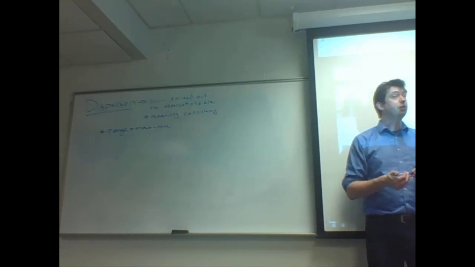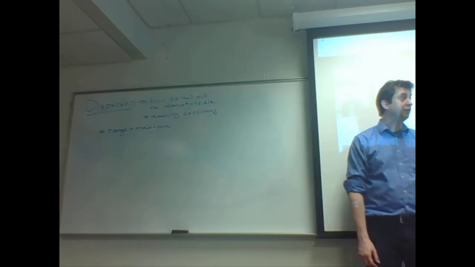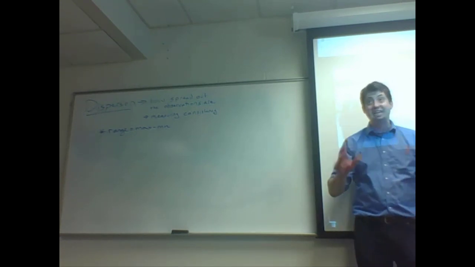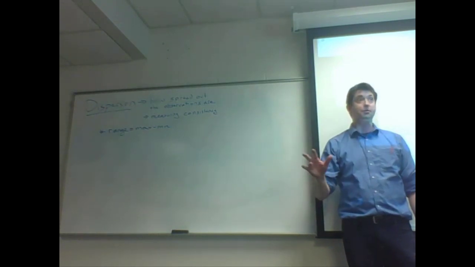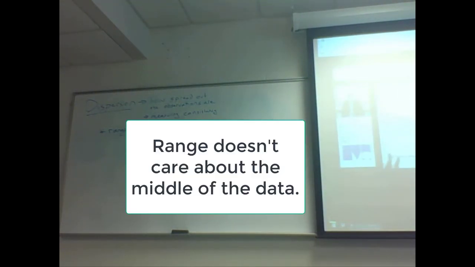It cares about the largest value of the data set. It cares about the smallest value of the data set. Or what does it not care about? Yeah, the middle, exactly.